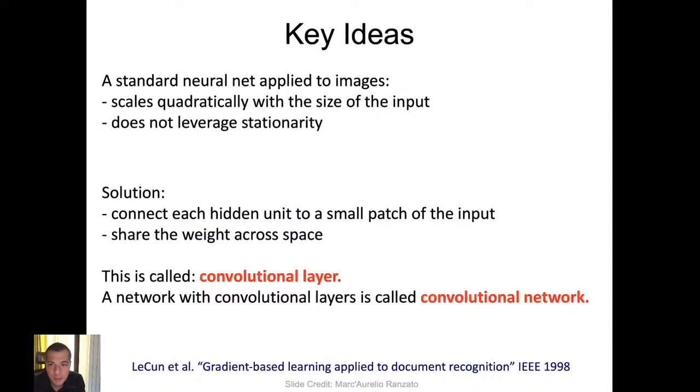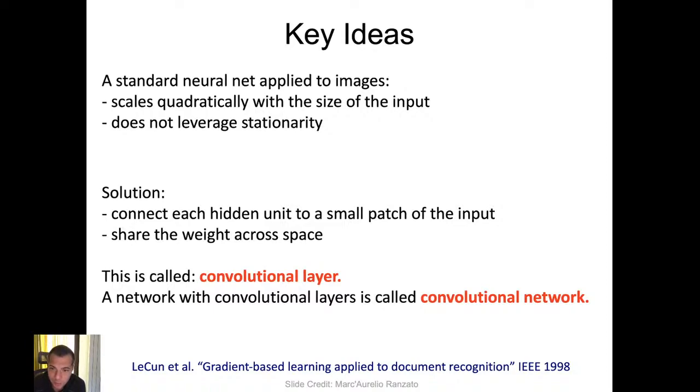Okay, so the key idea is to remember that when we apply neural networks to images, it should scale quadratically with respect to the size of the input, because the input has two dimensions.